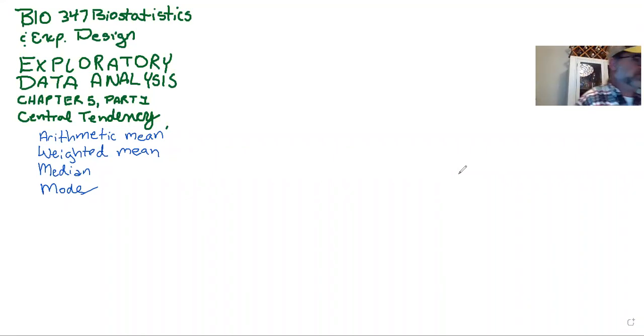Let me point out one thing, why we call this exploratory data analysis and not just descriptive statistics like many chapters and other books do. Whenever you are given a set of data, whether you collected it yourself or somebody else collected it and it's your job to analyze it, you should always understand the experiment that led to the data, but then you should start working with the numbers to be intimate with the numbers.